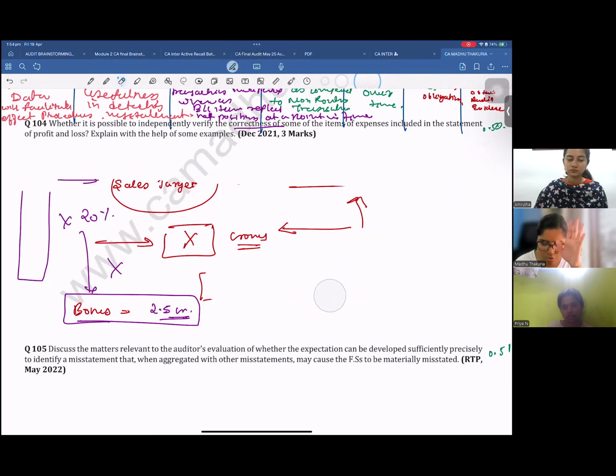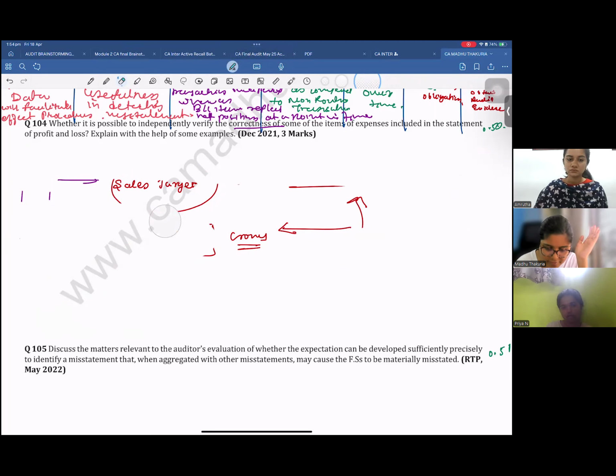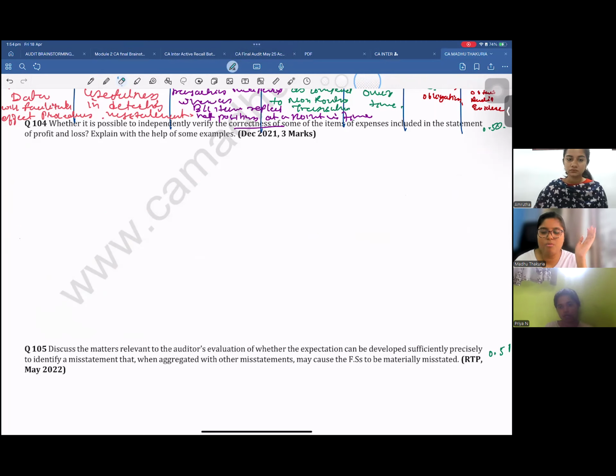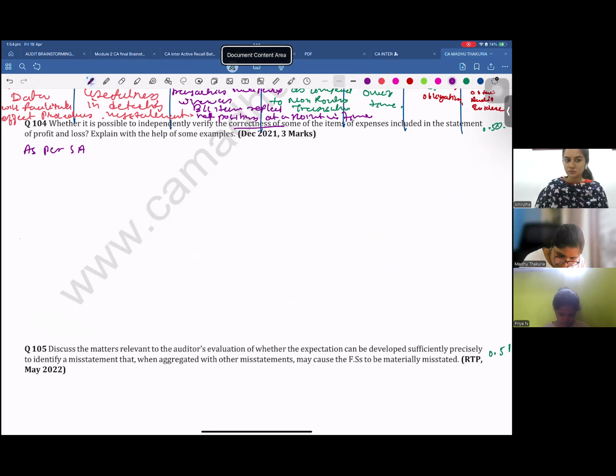Analytical procedure has a lot of questions. Every line can be made in the form of a question, and I am making you do all the questions that have been asked so far. As per SA 520, some of them are very case based. You will not get the exact reference of this in the analytical procedure, but it is related to analytical procedure only.